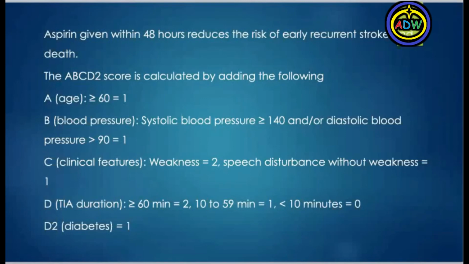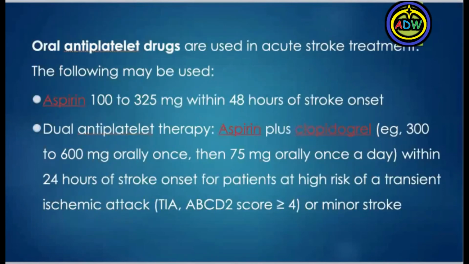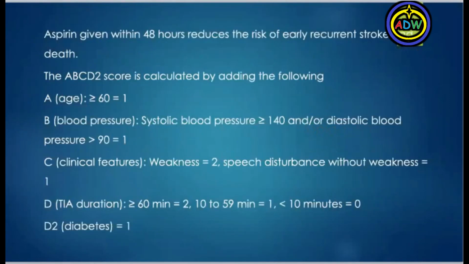So we add all these scores, and there will be a final score. Aspirin is given to patients whose ABCD2 score is 4 or more.